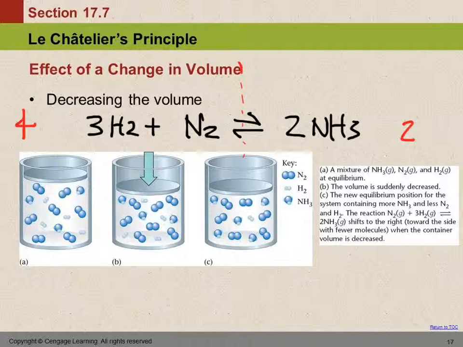The ammonia particles are bigger than the nitrogen or the hydrogen particles. But that doesn't matter because there's so much empty space. It's the number of particles. Gas pressure depends on the number of particles. It's weird, I know.